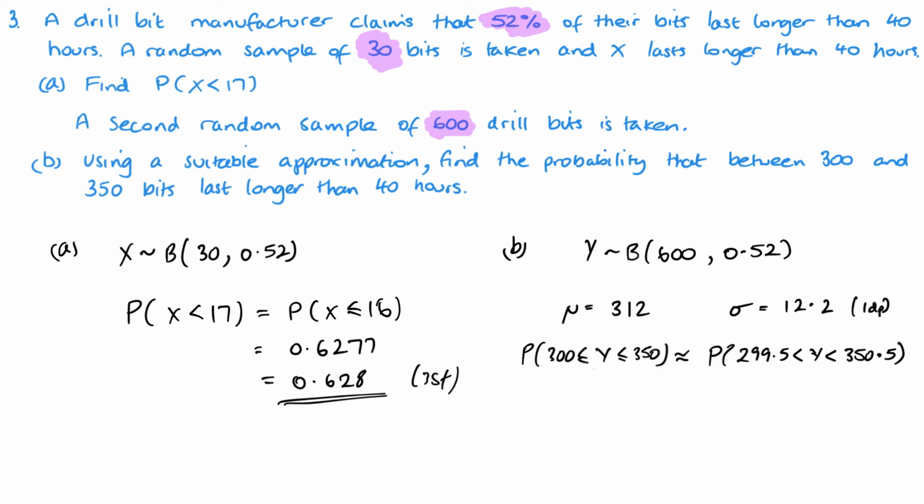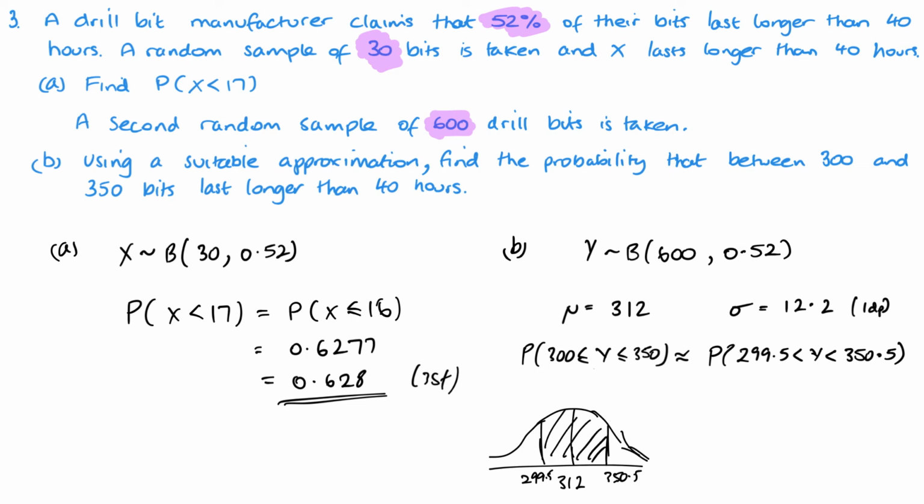And from here you should know what to do. But just remember, if in any doubt, I always like to do a little sketch. It doesn't have to be perfect. It's just there to give you a little bit of guidance. So 350.5 is on the right, and then we've got our 299.5, which is on the left.